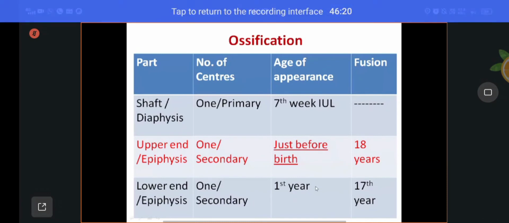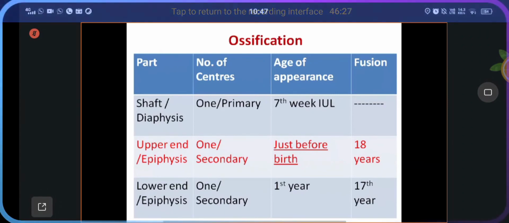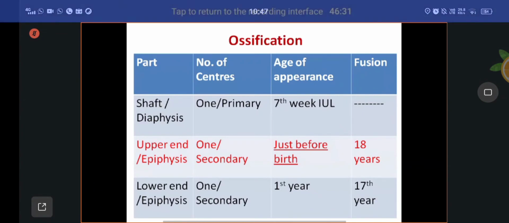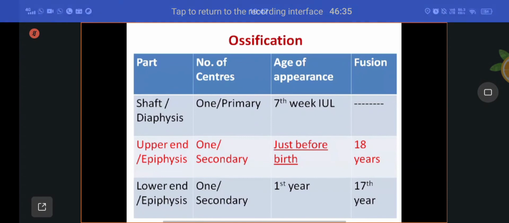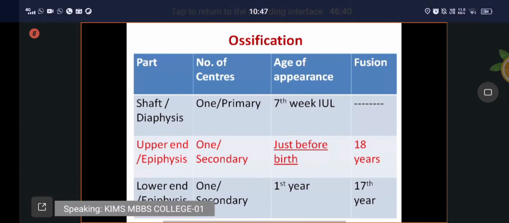The lower end, or lower epiphysis, has only one secondary ossification center, as usual. It appears after birth, in the first year, and fuses with the diaphysis at the 17th year. Here another law of ossification applies, the law of fusion of epiphysis with the diaphysis.